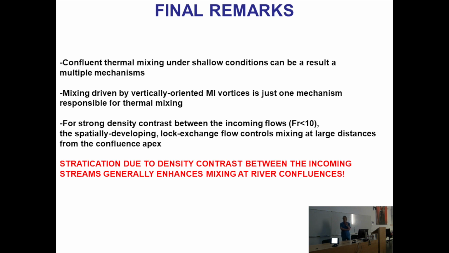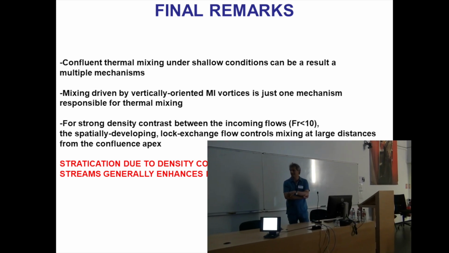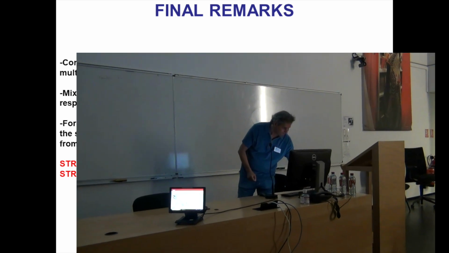And in general, something which I didn't discuss quantitatively in my talk is that the effect of stratification in most cases is to enhance the overall mixing in the confluence and not to decrease it, even though based on what you see at the free surface, you may think that the main effect of stratification is to decrease mixing. Okay, thank you very much.